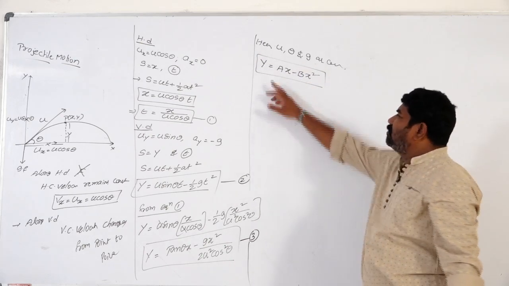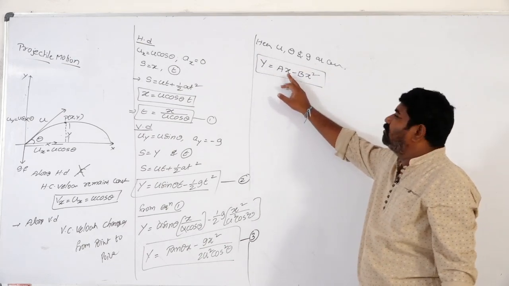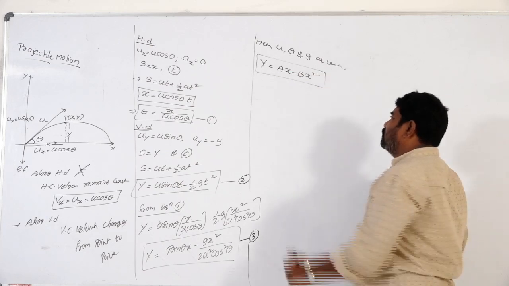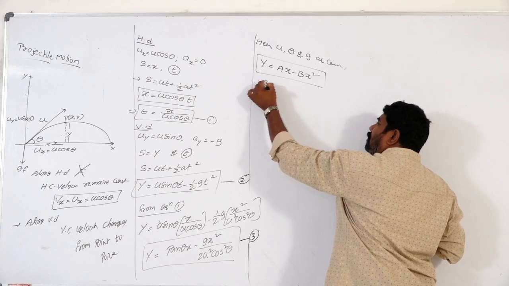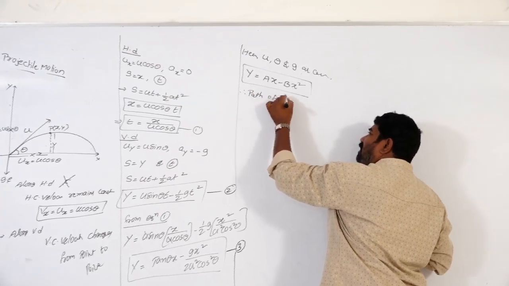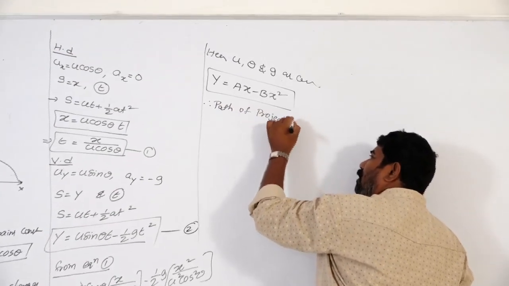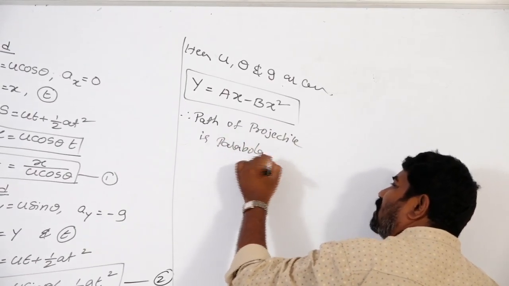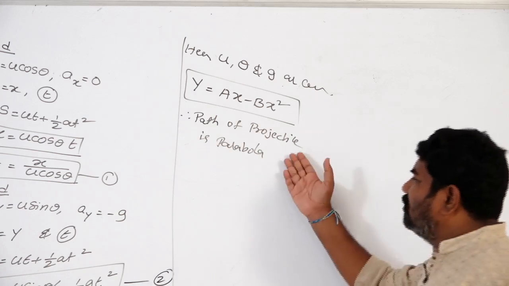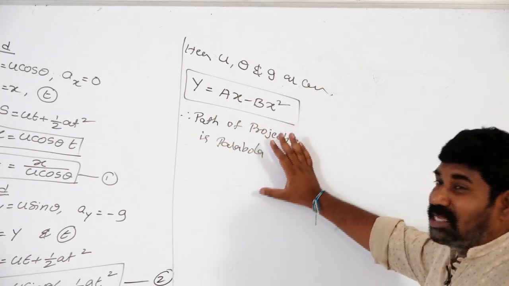What is the vertical displacement with respect to the horizontal displacement? y is equal to a x minus b x square. It is the equation of a parabola. Therefore, the path of the projectile is a parabola. So the path of the projectile is nothing but a parabola.